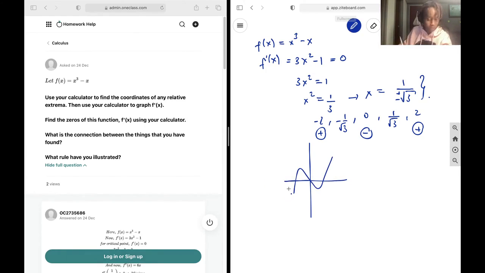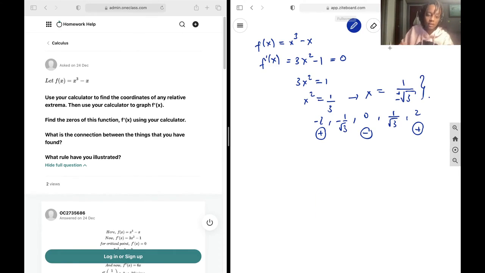We should expect the point where you have a turning to be negative 1 over square root 3, and the second point where you have another turning to be 1 over square root 3. So here we have positive, just as we expected, negative in between them, positive before. So this sketch is generally correct.